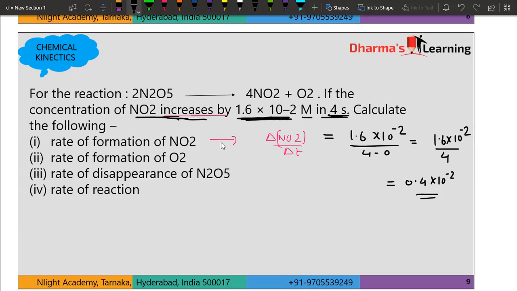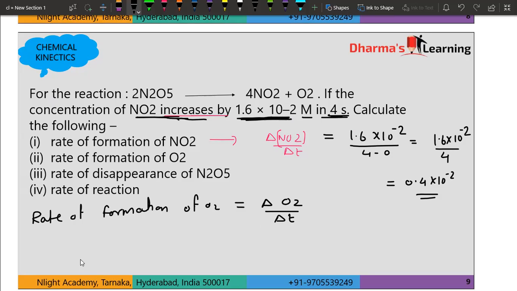Then the rate of formation of O2. We need to find the rate of formation of O2, the rate of disappearance of N2O5, and the rate of the reaction. Let's consider the rate of formation of O2. That will be the change in concentration of O2 divided by change in time. We need to find this with the help of what is given: the concentration of NO2 is increased.